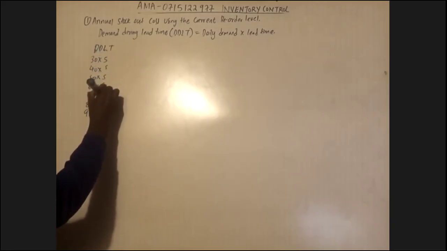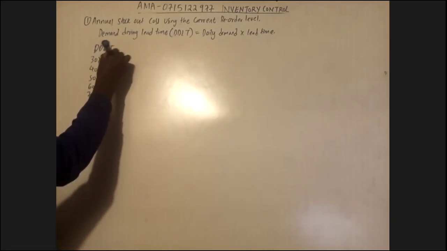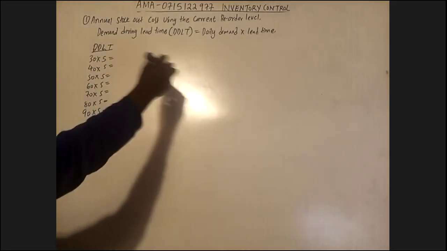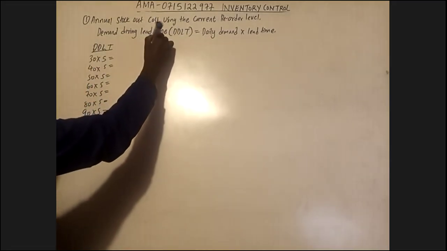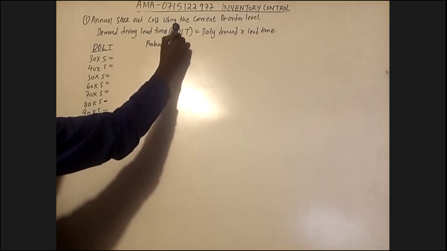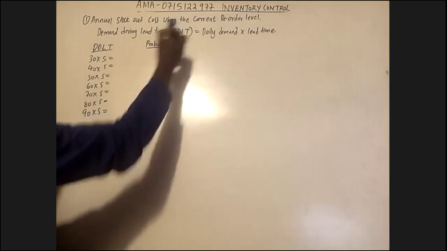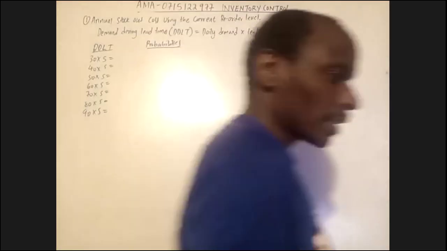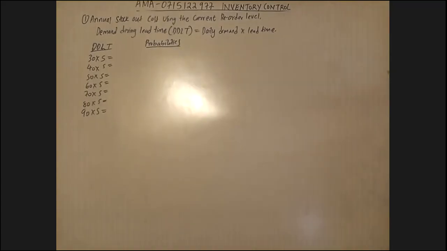So you get the DDLT. And then remember, you need to incorporate their probabilities. So it must be accompanied with their probabilities. But before we write the probabilities, let us multiply the figures.